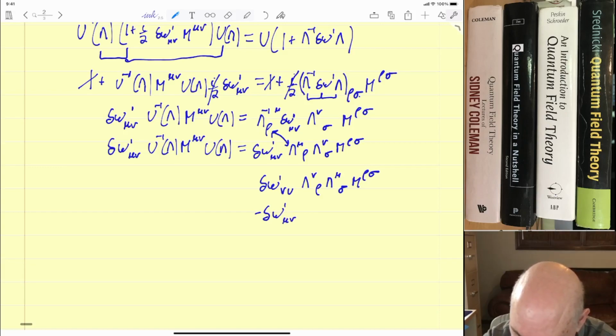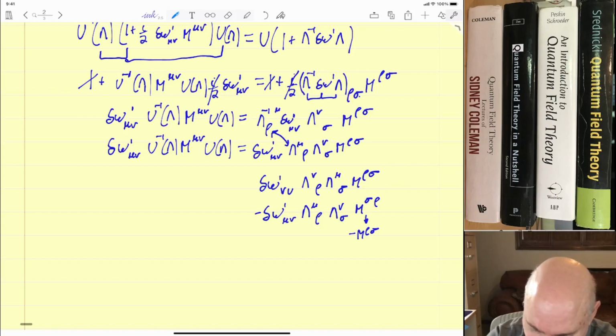And I'm going to reorder these because these are just numbers. Lambda mu rho, lambda nu sigma, and then I get M sigma rho, and this becomes minus M rho sigma, and then the minus signs cancel and we get back to that. In other words, both of these are anti-symmetric, so I'm only taking the parts that count.